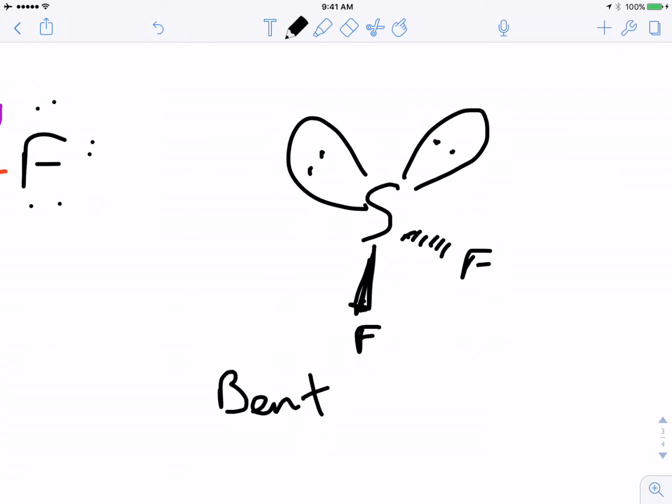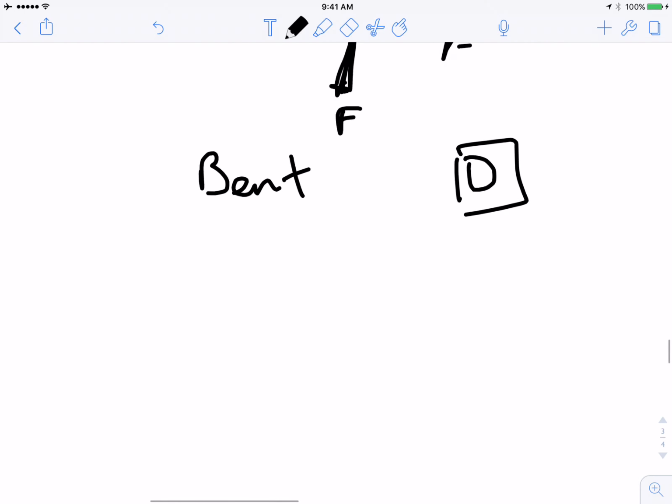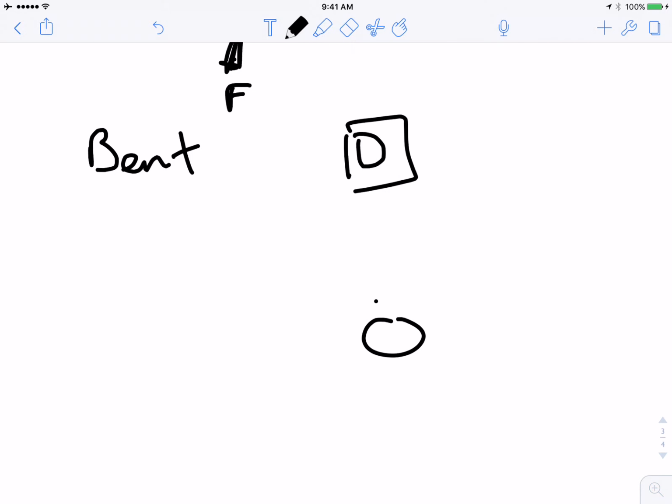And that will be answer D. We know it's this weird bent AB2 formation because these electron domains are going to repel each other. Another similar example for this bent structure is water. If you have oxygen and hydrogens, here's our bent structure for water. Same formation. Cool.